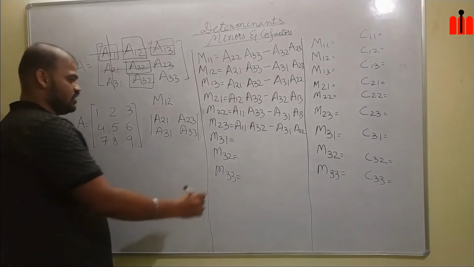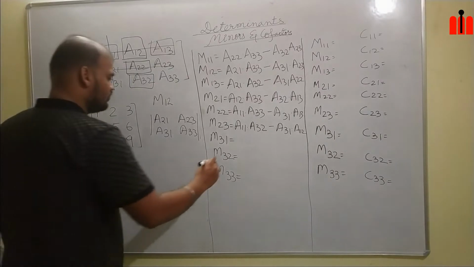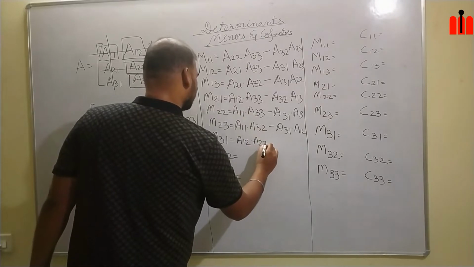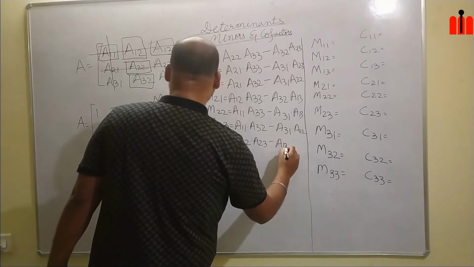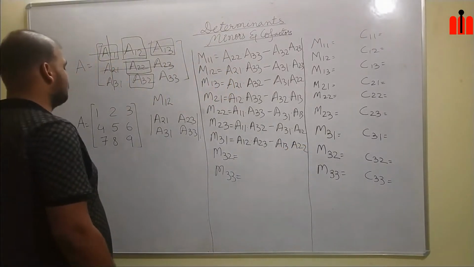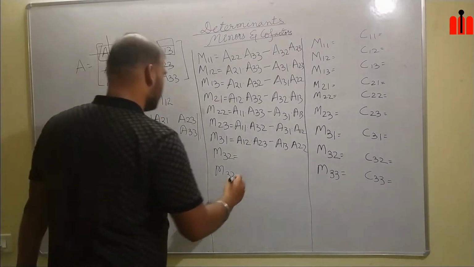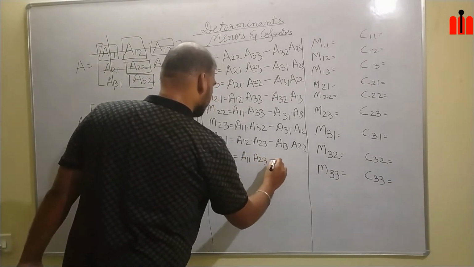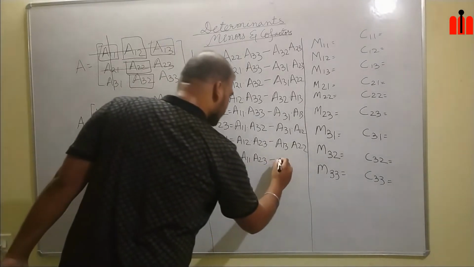Now, M31, third row, first column struck off. So A12 into A23 minus A13 into A22. What will be my M32? Third row, second column struck off. A11 into A23 minus A21 into A13.